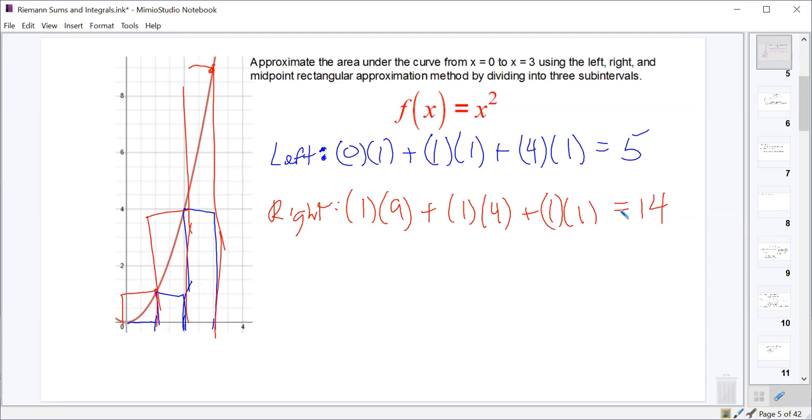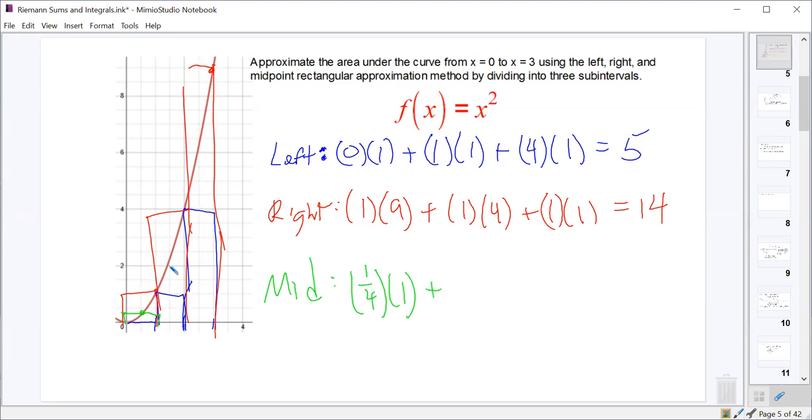Yeah. Wonderful. All right. So then from there, we want to do the midpoint one. So our midpoint is going to look a little bit different. Our midpoint between 0 and 1 should be a half. And so the height of x squared at a half is 1/4 times the width of 1 for the rectangle.